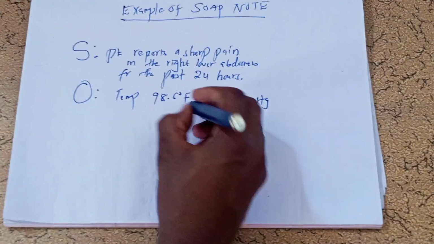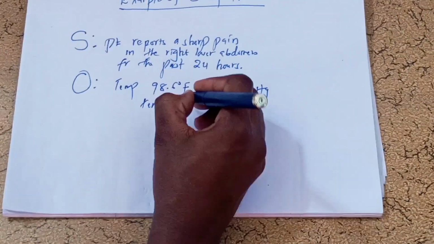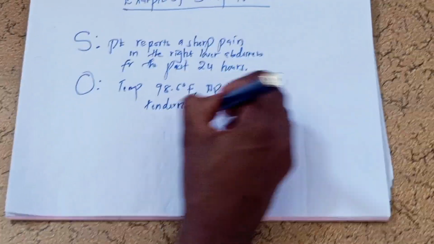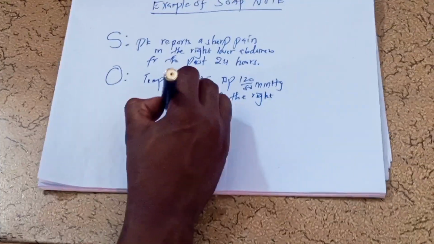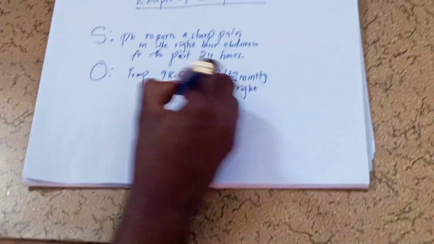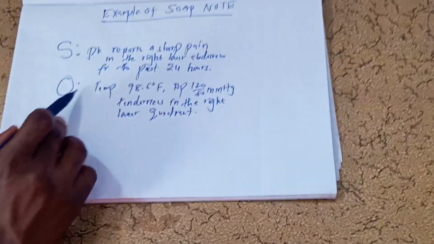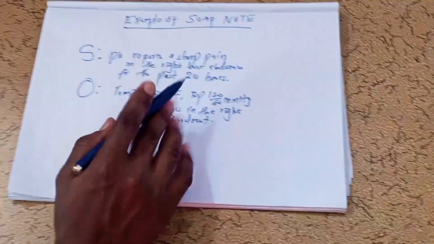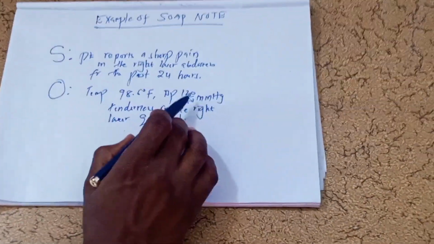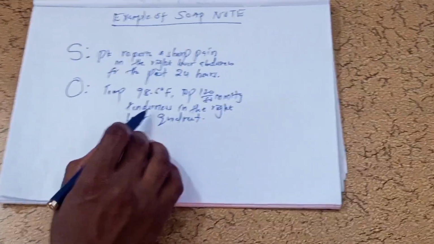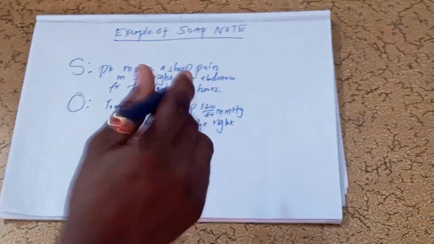Then tenderness in the right lower quadrant. These are the vital signs. So this is tenderness observed in the right lower quadrant of the patient's body.